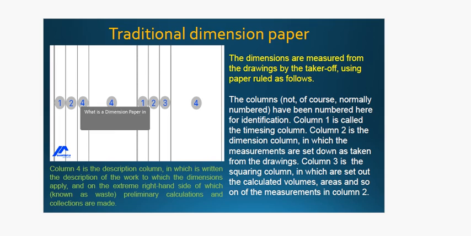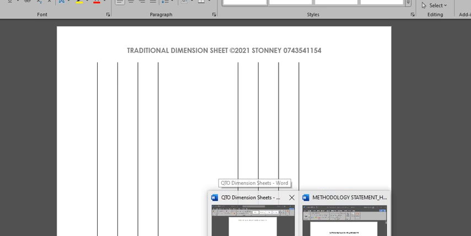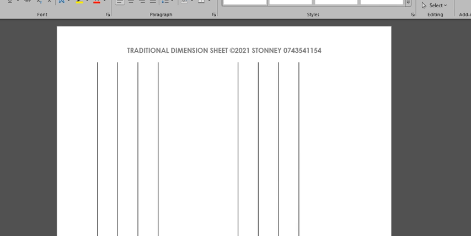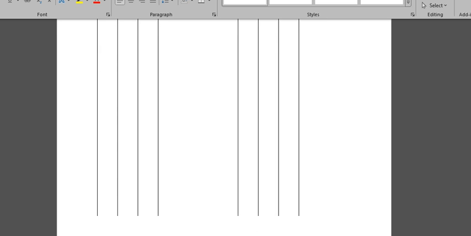That is how they have been identified for this order. We are talking about column 1, column 2, column 3, then column 4.